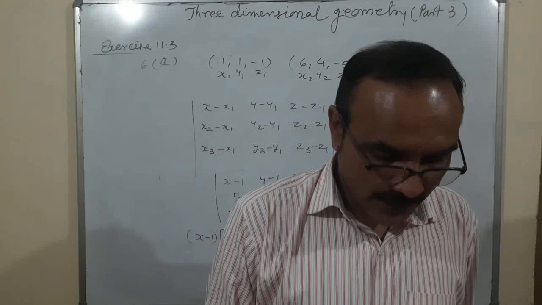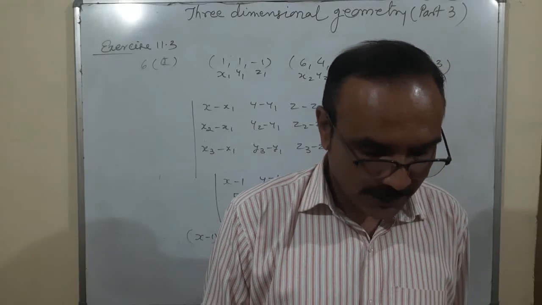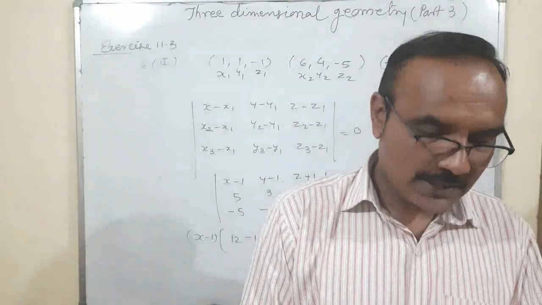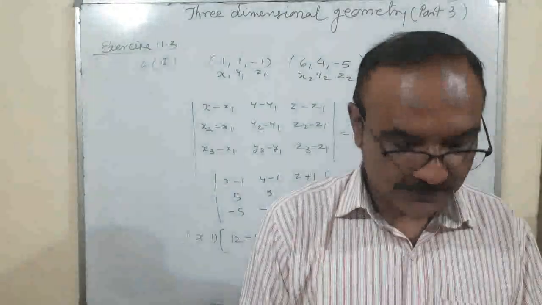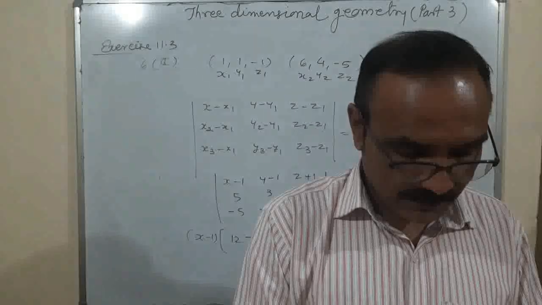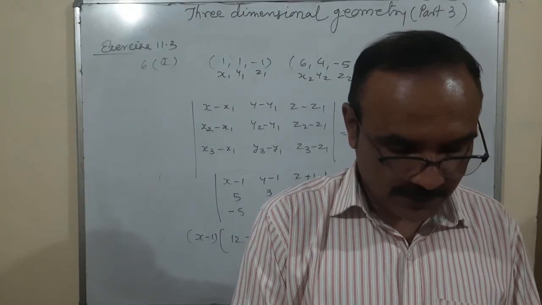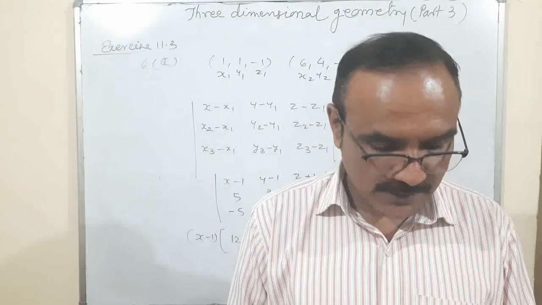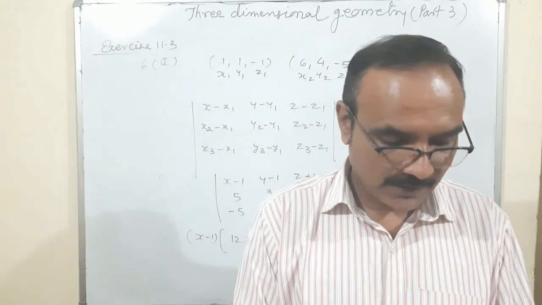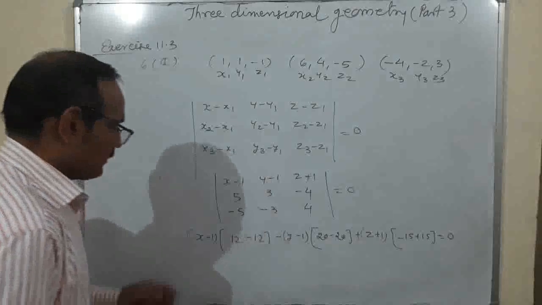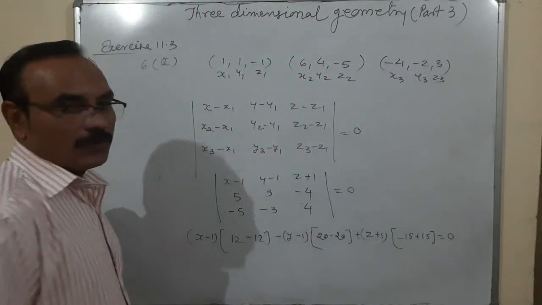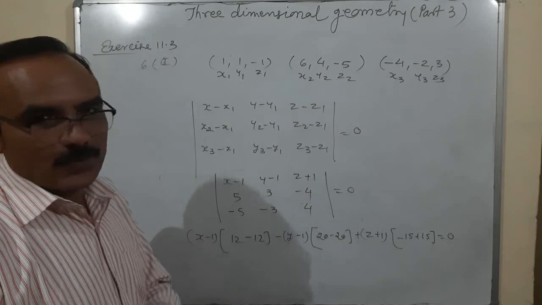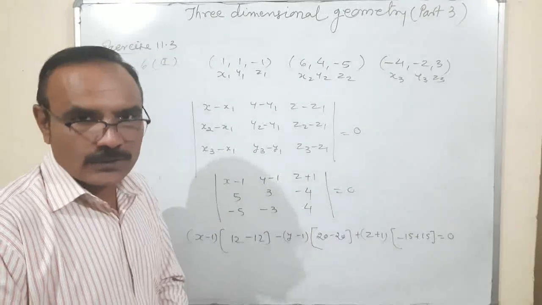So in the question to find the equation of the plane passing through three non-collinear points, 6th question first part, the result is 0. For the 6th question first part, the points are collinear. There will be an infinite number of planes passing through the given points. What does it mean? Because this is coming 0, the points are collinear.